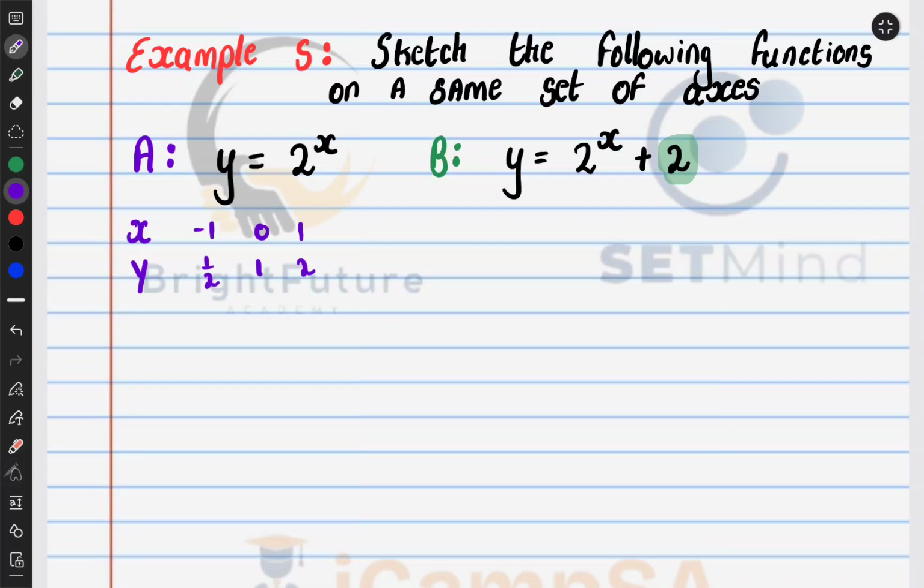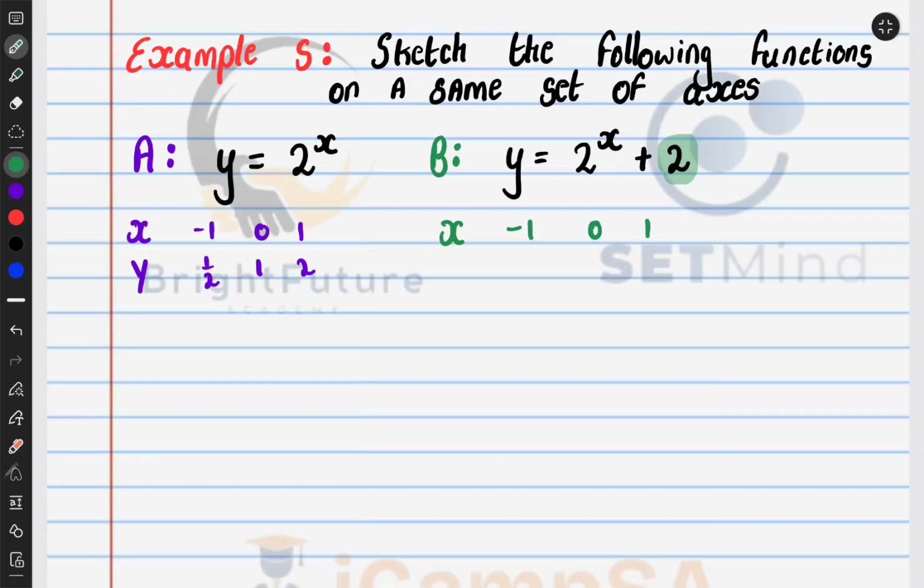Then for the b function, x values, let's go with -1, 0 and 1. The b function is essentially the same as the a function. It has just been shifted 2 units upwards.